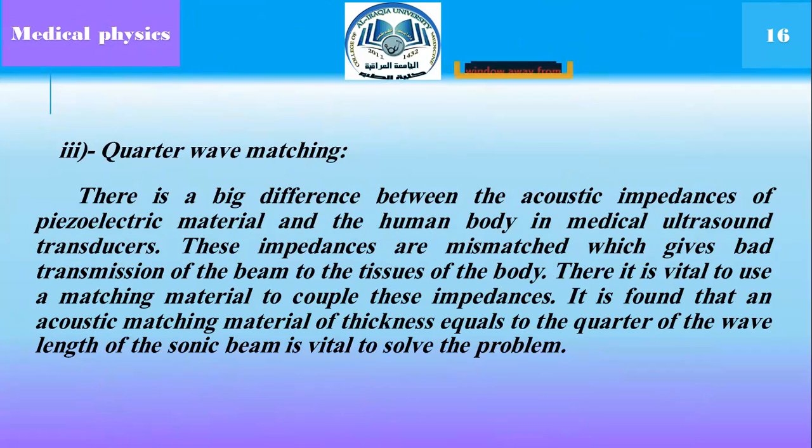It is found that an acoustic matching material of thickness equal to a quarter of the wavelength of the sonic beam is vital to solve this problem. Its acoustic impedance is related to that of the transducer and that of the soft tissue in a very close relationship.